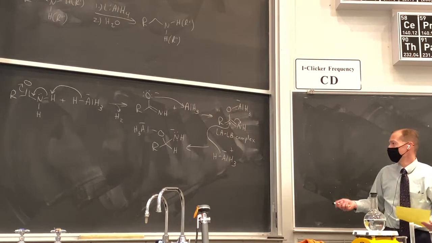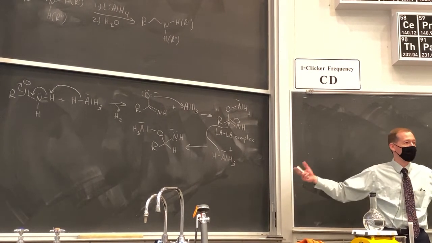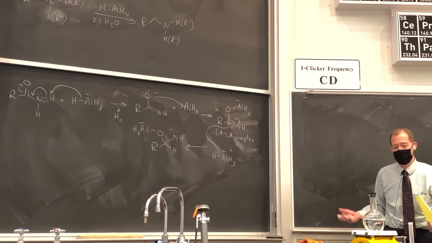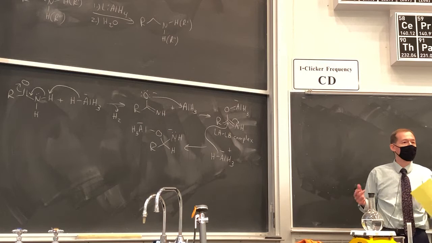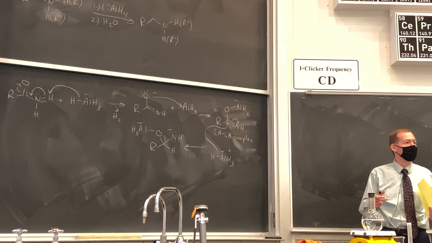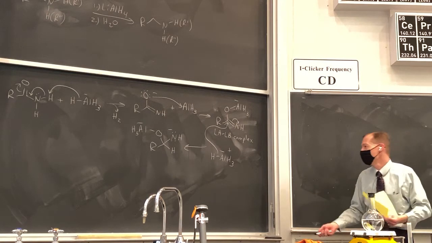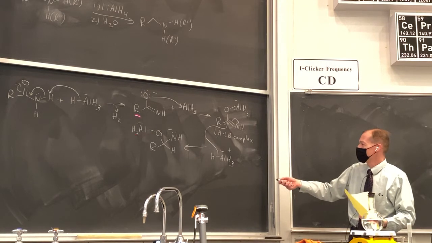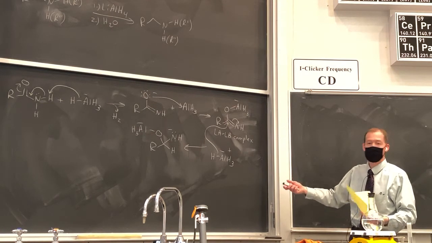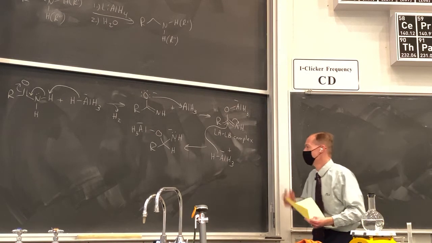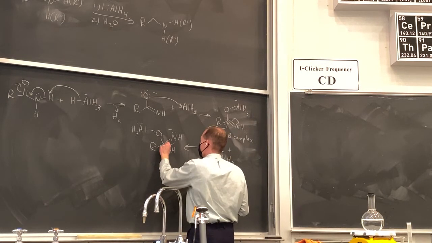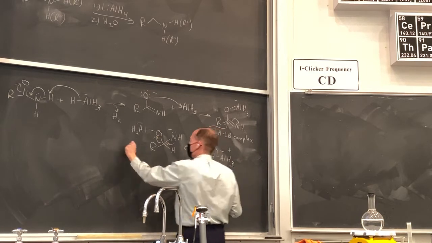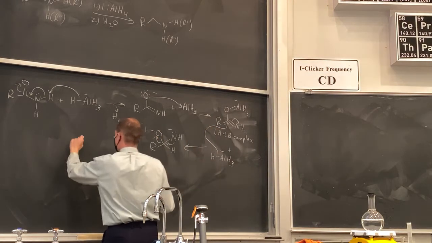It's a dianion, but those negative charges are spread out. They're fairly far apart from each other, so that's okay. So our tetrahedral intermediate is going to now collapse and eliminate out a leaving group. It turns out that this species is a much better leaving group than this one, because the oxygen being more electronegative than the nitrogen, more likely to bear a negative charge. Okay.